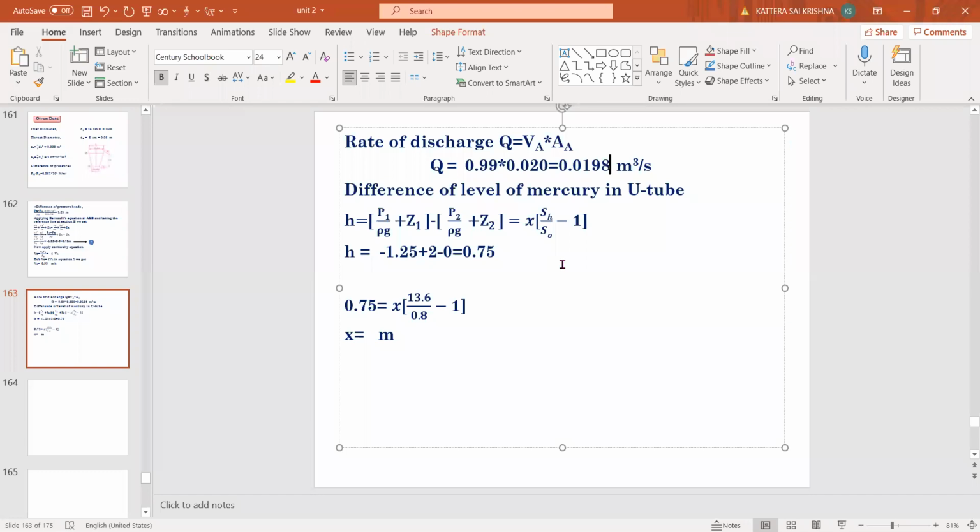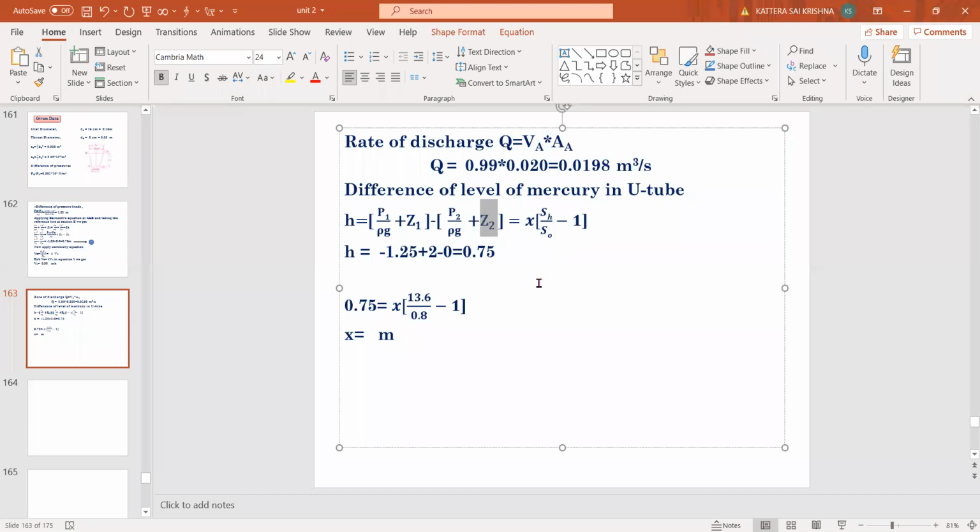Next, what he asked us to find is the X value, the difference of level of mercury in the two limbs of the U-tube. As I said, if the pipe is horizontal, we don't get the Z1 and Z2 terms in the calculation of H. For a horizontal pipe we take P1 by rho g minus P2 by rho g.